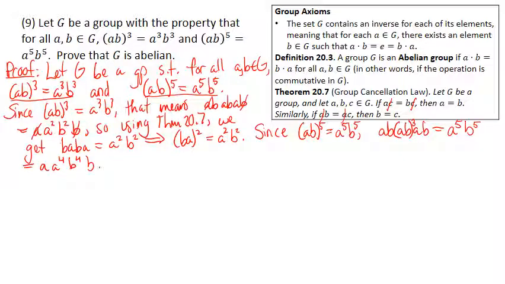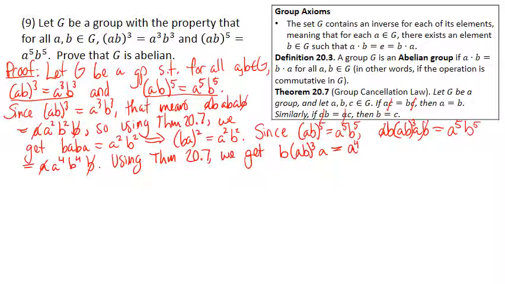Okay, and then using theorem 20.7, I'm going to do some cancellation. So what cancels out here? I'm going to cancel one a here and one a here, and I'm going to cancel one b here and one b here. So what I get is that b (ab) cubed a equals a to the fourth, b to the fourth.